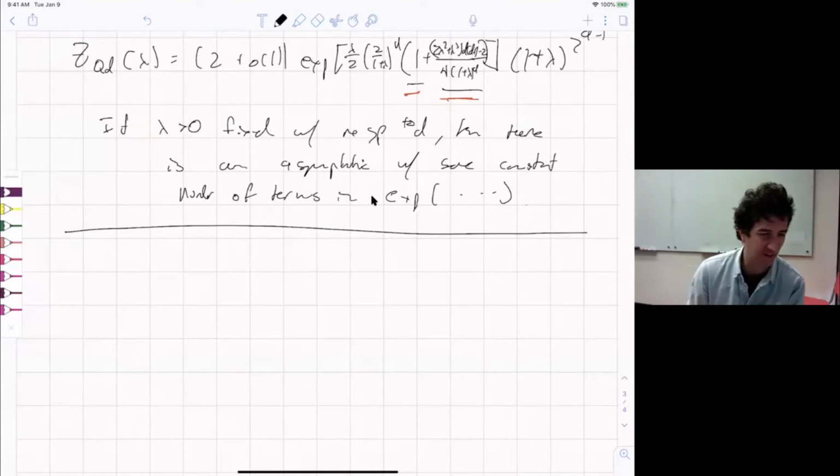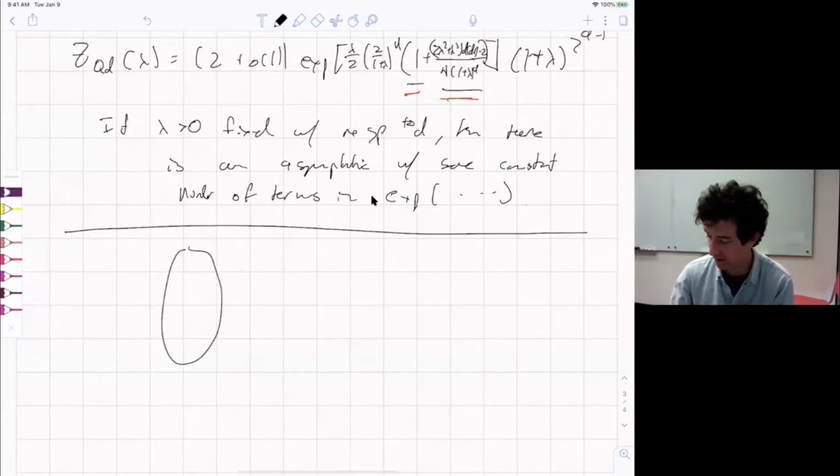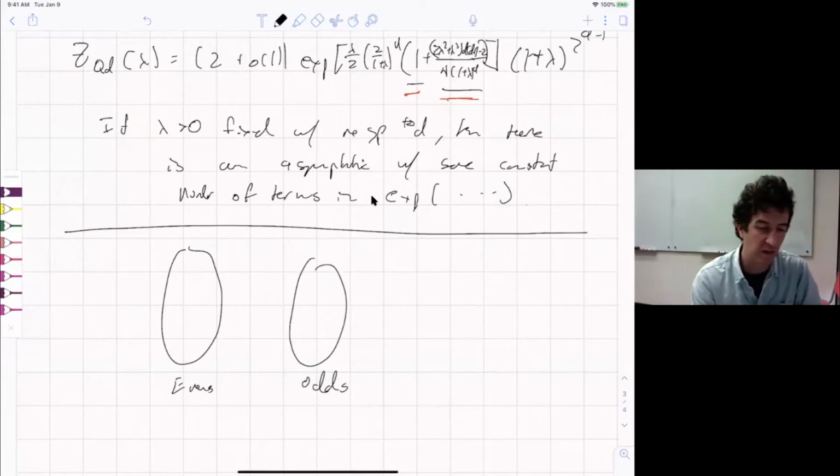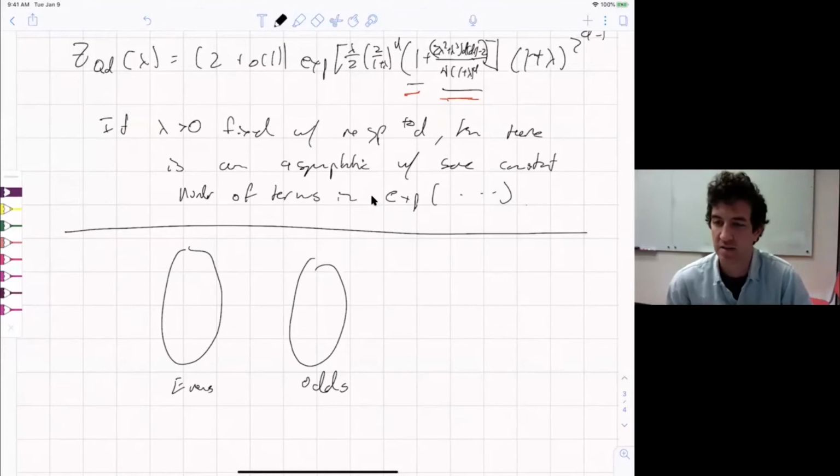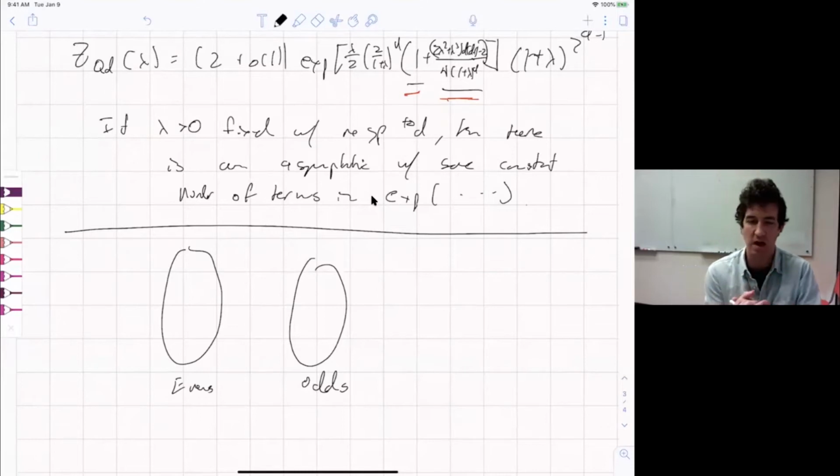Yeah. Okay, good. So here's evens, here's odds. And so the one difference from what we're going to do now to what we did with the Potts model is that when we talked about the Potts model, the ground state that we were working around was a single configuration.